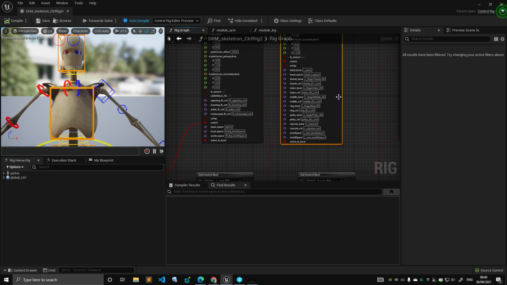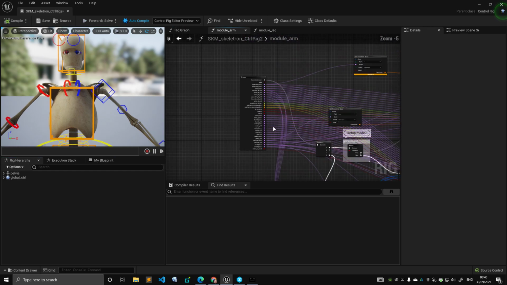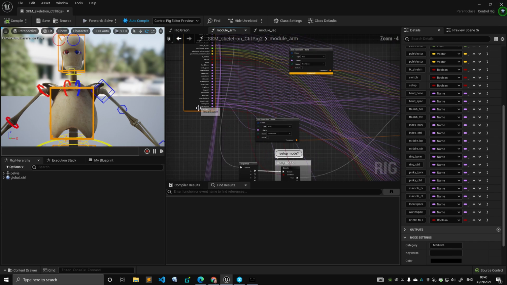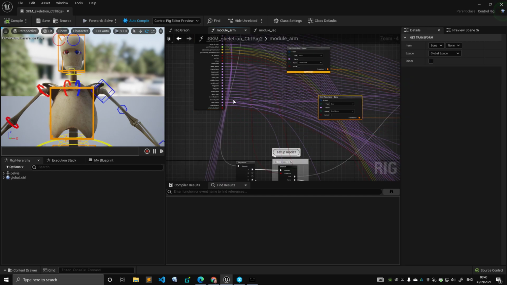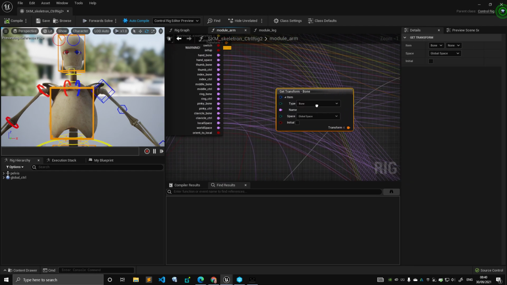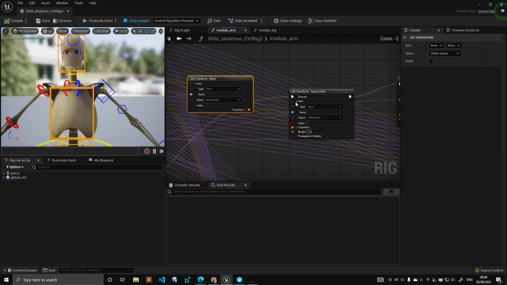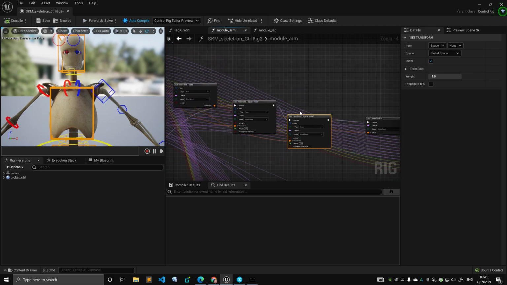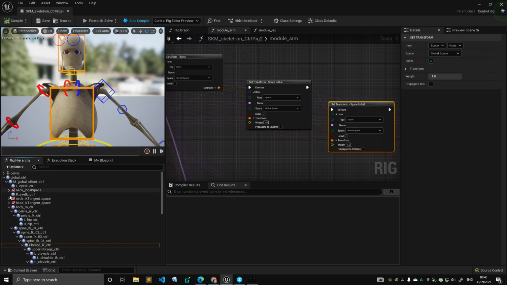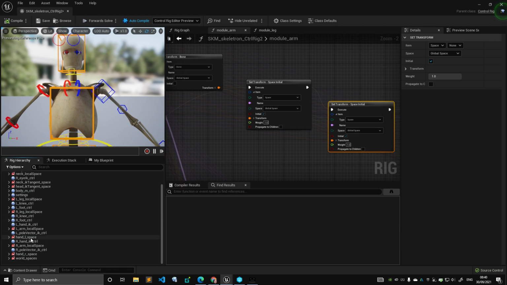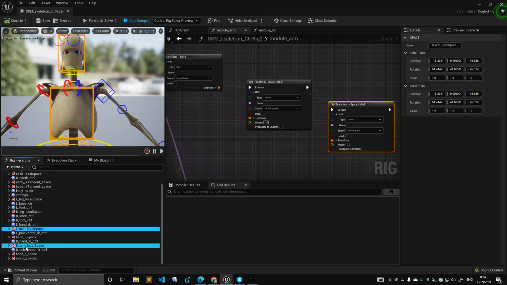Well, let's have a look at the graph first. What I'm doing here is, the first thing I'm doing is taking the bone, aligning the local space and the world space as initial, and these spaces are basically the arm local space.